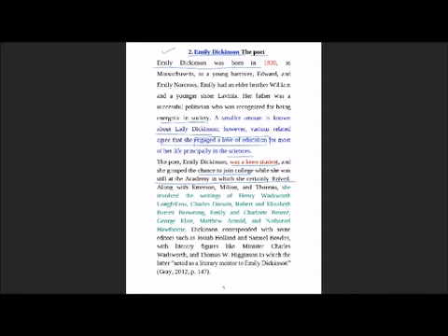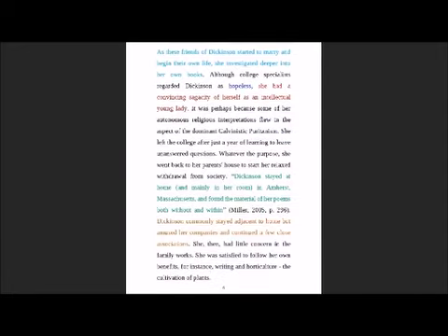Emily Dickinson corresponded with some editors such as Josiah Holland and Samuel Bowles, and with figures like Minister Charles Wadsworth and Thomas W. Higginson, who acted as a literary mentor to Emily Dickinson, supporter and helper, editor, reviser.